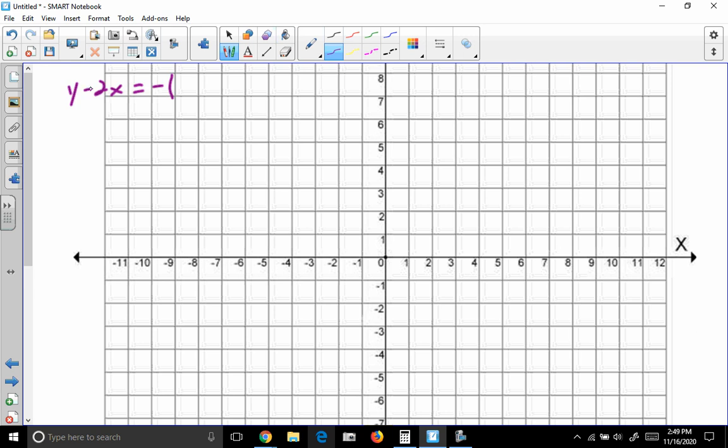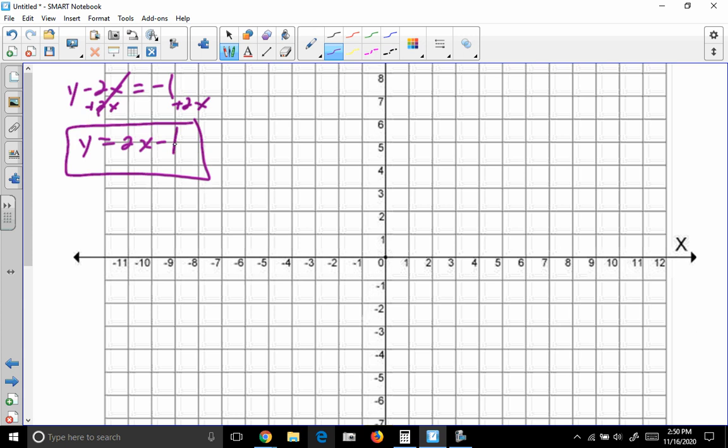So to get y by itself, to get rid of this term, we do the opposite, which would be to add 2x to both sides. These are not like terms. One has an x, one doesn't. So we can't combine those.